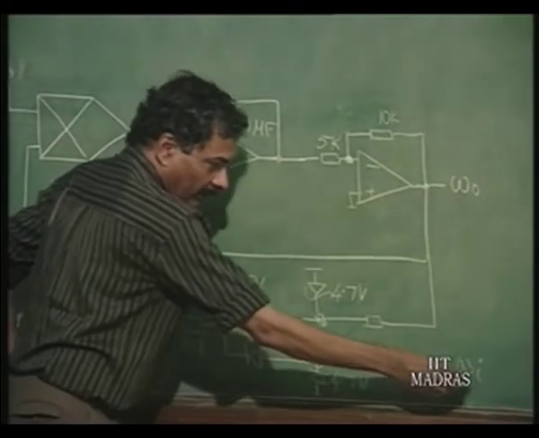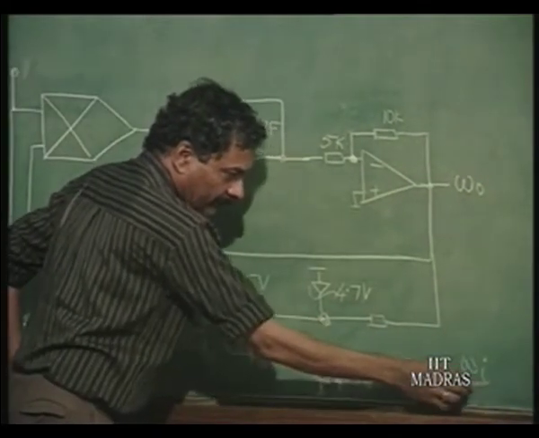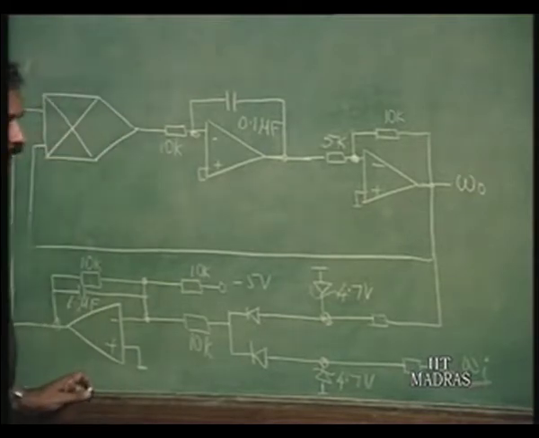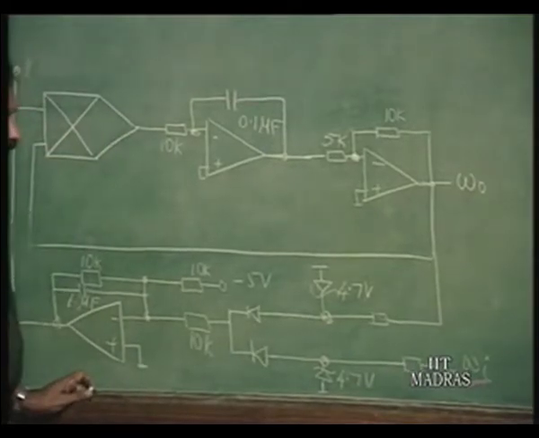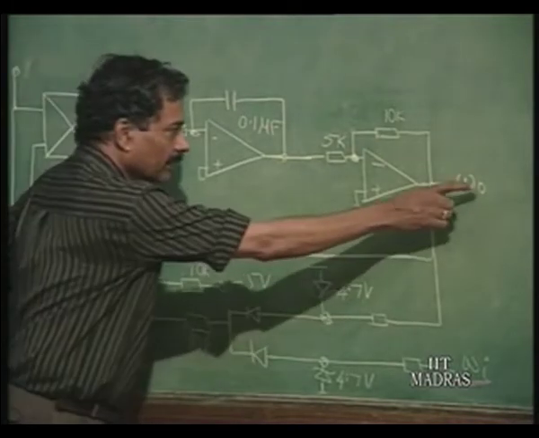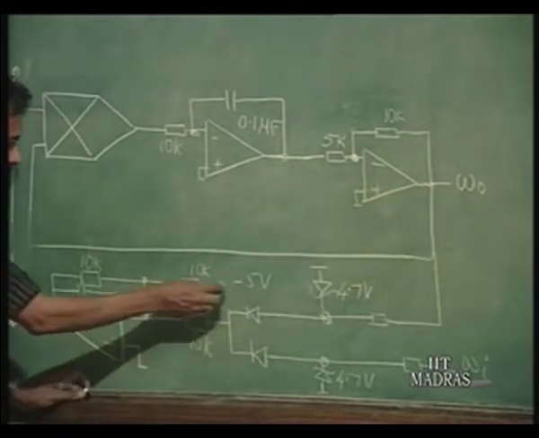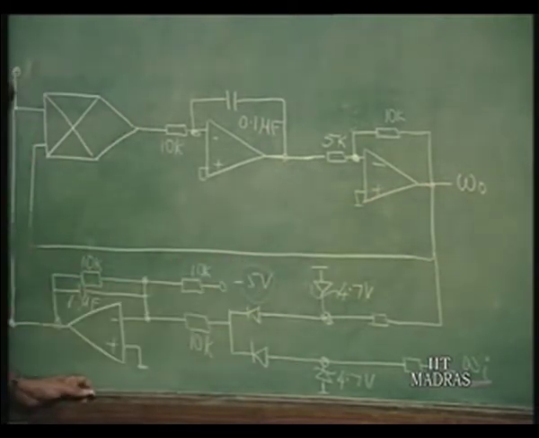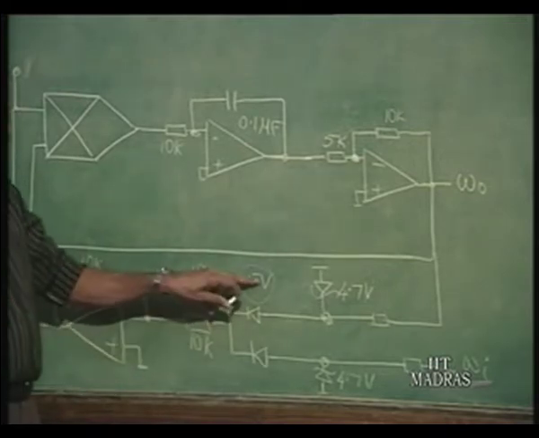So, we will now show you that omega I, if it is around, let us say 600 hertz or so, which is the free running frequency of this, which can obviously be adjusted by varying this quiescent voltage here. This is called tuning of the phase lock loop.